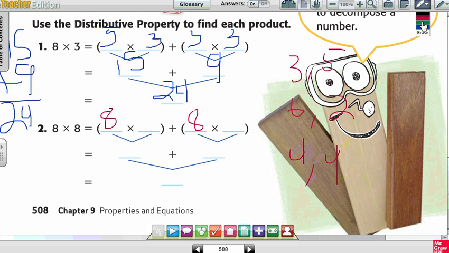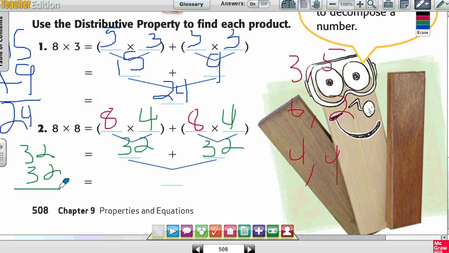If it were me, I'm probably just going to use 4 and 4 because that gives me the same number twice. So 8 times 4 is 32. 8 times 4 is also 32. And then I just need to add 32 plus 32. 2 plus 2 is 4. 3 plus 3 is 6. It's 64. I could do it that way.